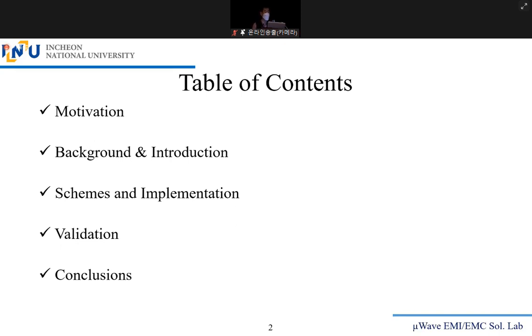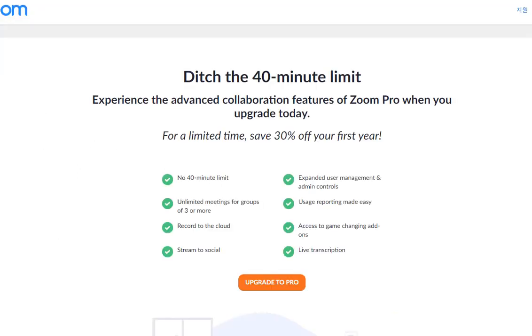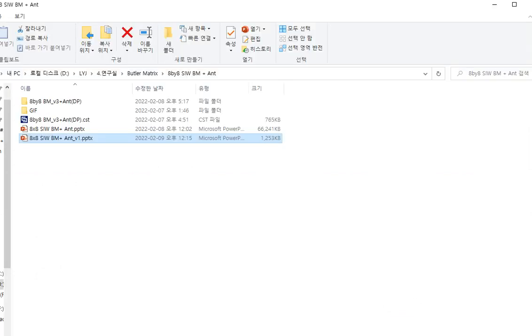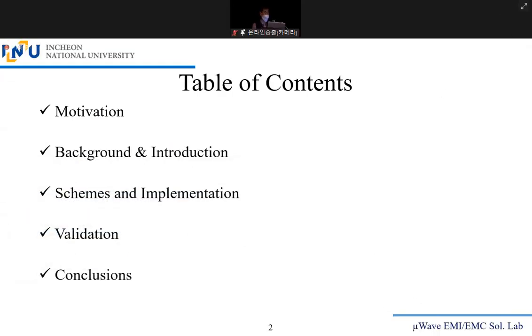This is the agenda I'm going to have for today. Motivation will shed light on why I got started on this work under the name of metamaterials, reflector arrays, and IRS. Background and introduction is the next part.